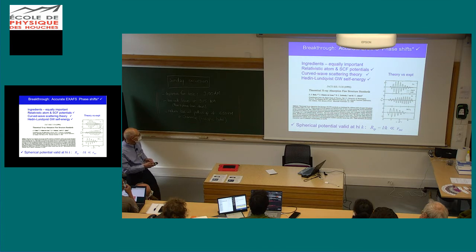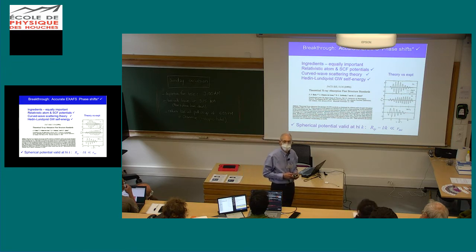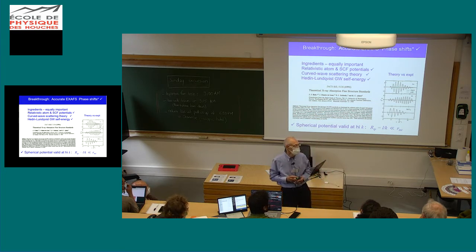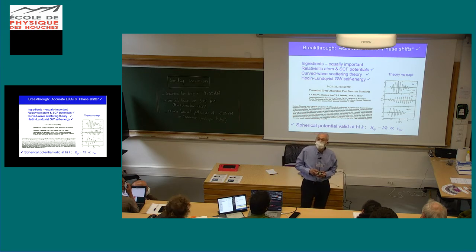The other nice thing is that people always criticize some of us for using spherical muffin tin potentials. But it turns out at high energies, the centrifugal barrier, maybe DDA pointed this out, is very deep inside the atom. And inside an atom, even if it's condensed matter, potential is really spherical.